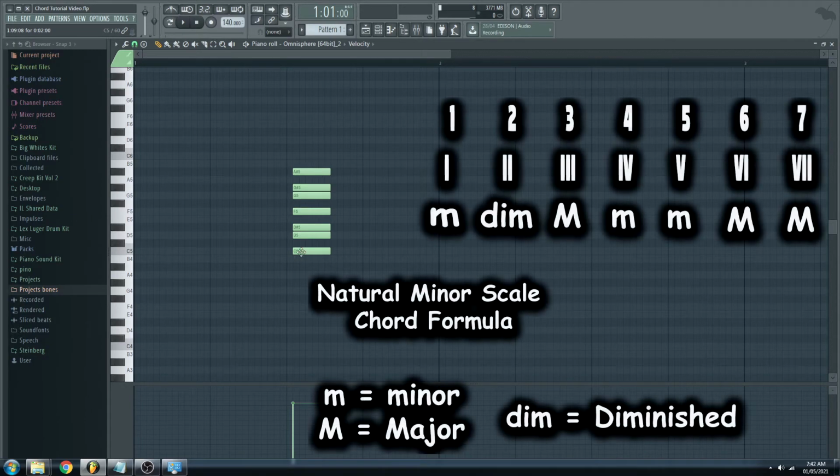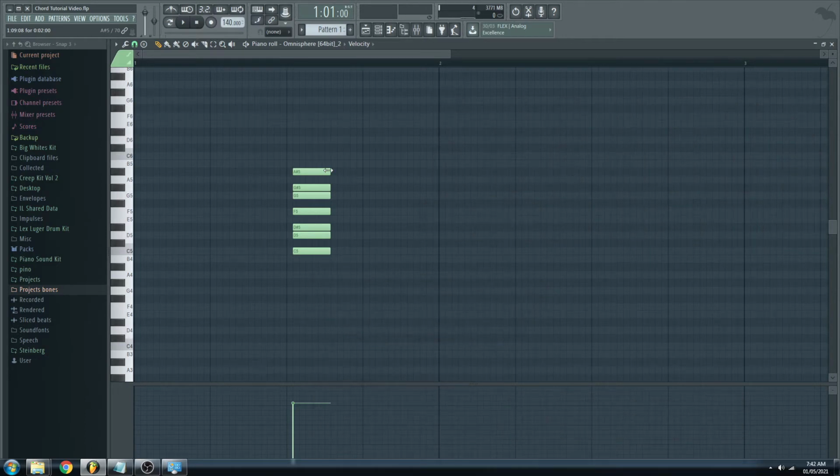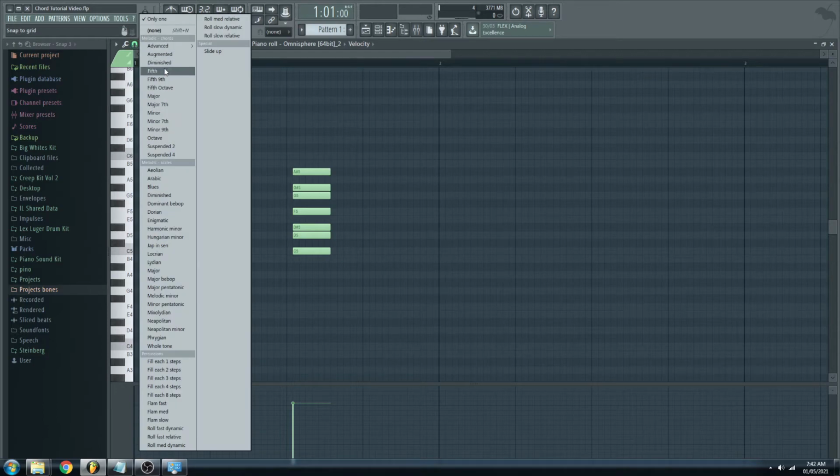Just to recap, in a natural minor key, your 1, 4th, and 5th are always going to be minor, okay? Your second is always going to be diminished, and your third, sixth, and seventh are always going to be major. Okay, I'll show you how to make the chords in a second, but let's go to the major key now, okay, and do the exact same thing.